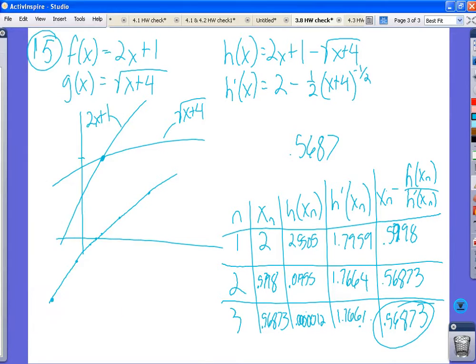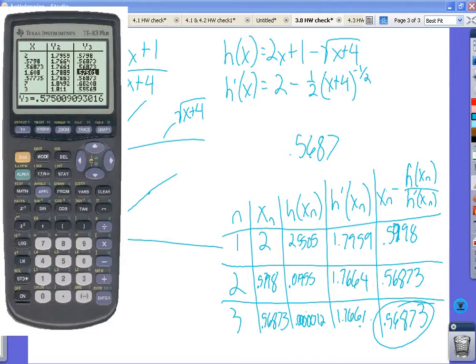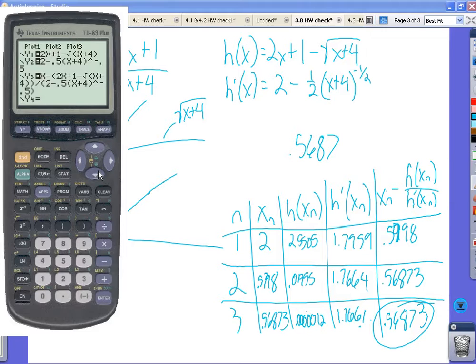Can we go over that third equation that you put in? Because I don't understand. It's x minus, and since I know I'm going to have a numerator, I put parentheses: 2x plus 1, that thing in the numerator, minus the square root of x plus 4.